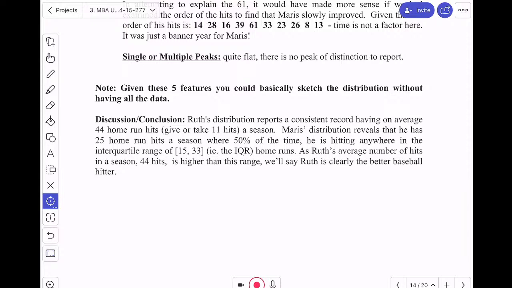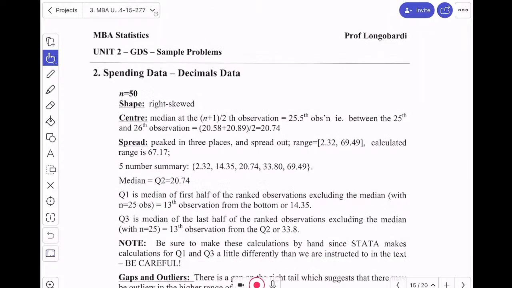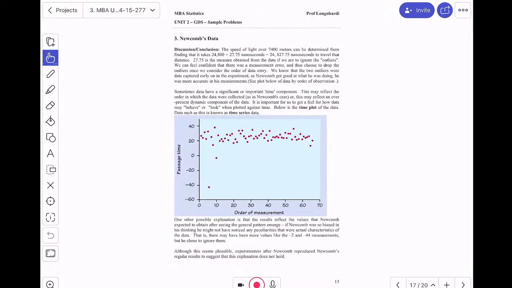So for the spending data, I also have that summary that we talked about. There are a couple of other data sets in here, and I go through them in the videos, or I use the data in the videos. I use Newcomb's data to make a histogram.